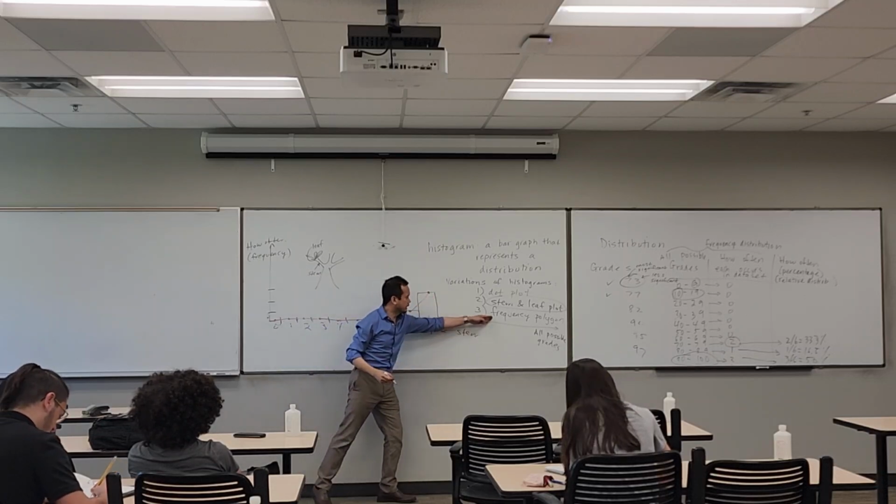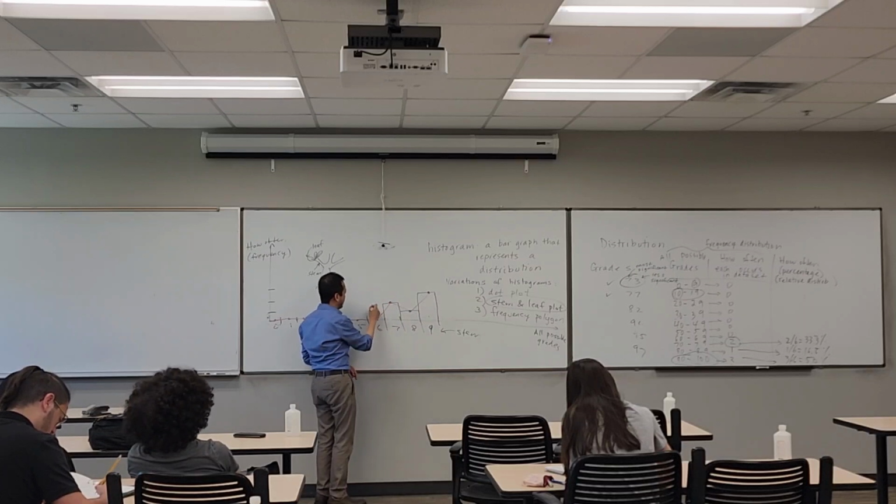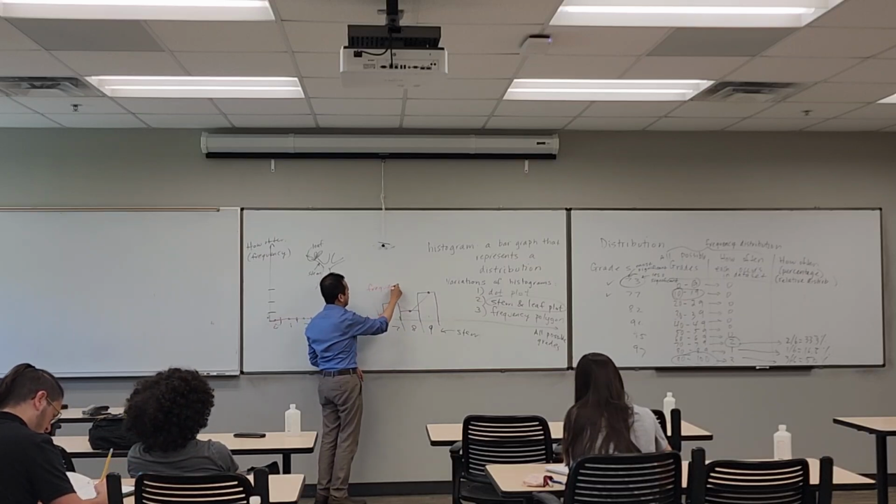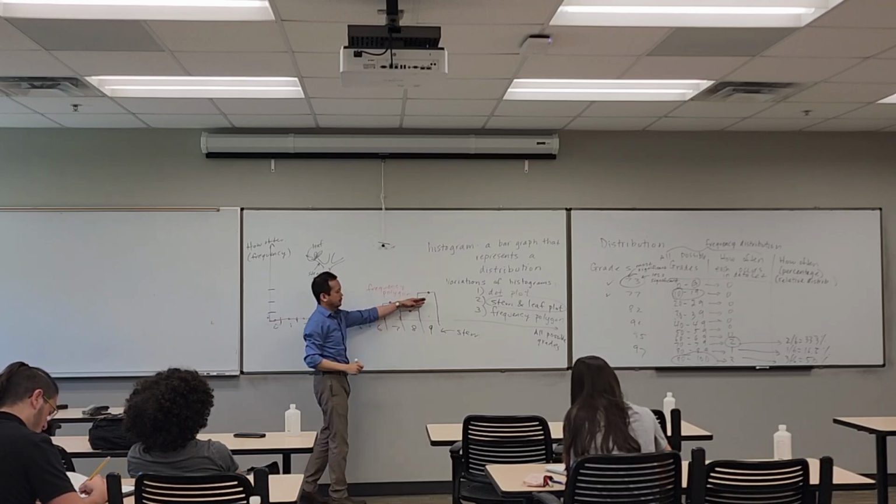So in a frequency polygon, this red line graph is the actual frequency polygon, and you can ignore the underlying black bar graph.